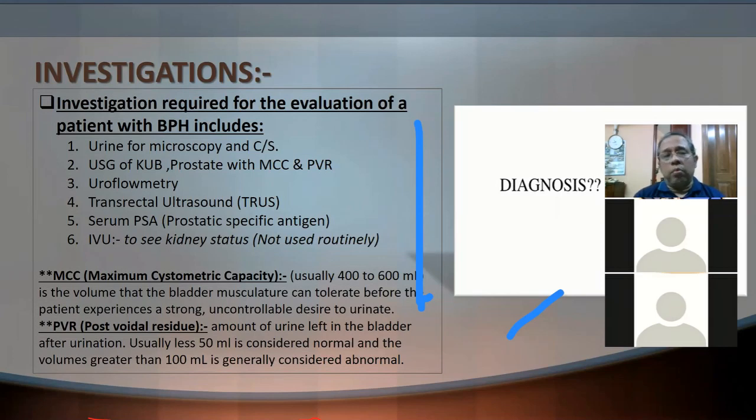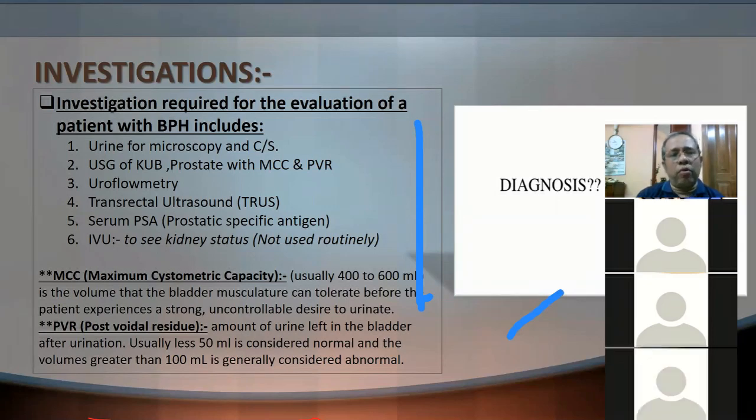But a good picture can be obtained by doing the ultrasonography with a transrectal probe. That means this is a probe which enters inside the rectum. Put a condom over the probe to prevent fecal contamination, and place it just like a DRE, inside the rectum with lubrication.